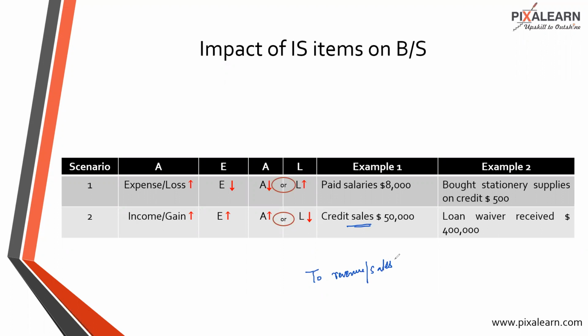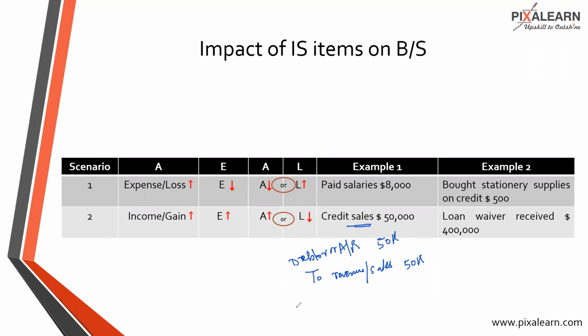So my P&L credit hit has happened to the tune of 50K, but this customer has not paid me. That means this customer will be paying me in future. There is a claim, a promise to receive money, and that's a good thing. So in my balance sheet, I will debit a debtor or accounts receivable, whatever we call it, to the tune of 50K.